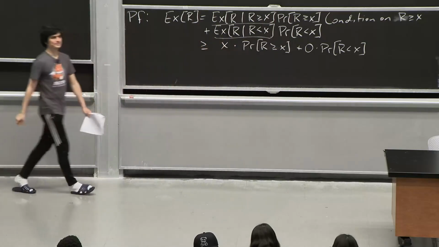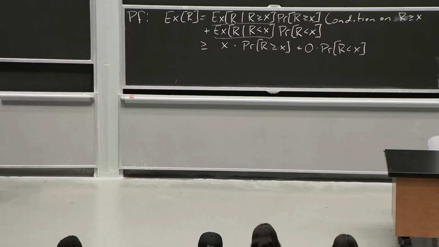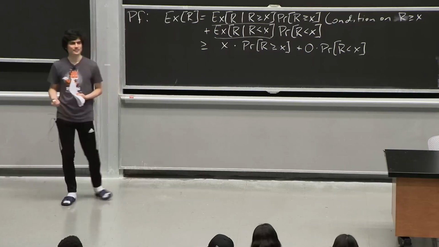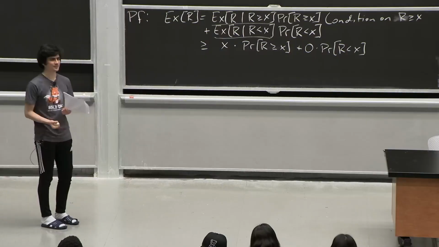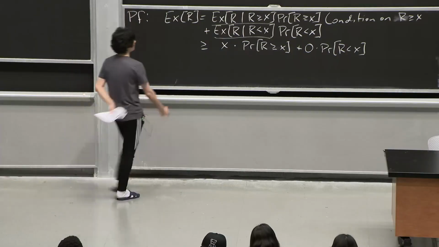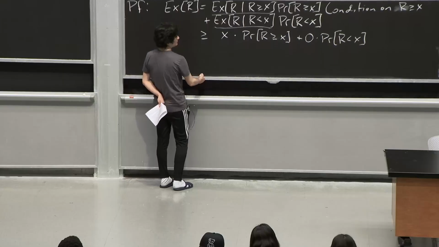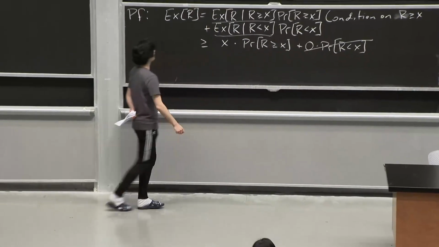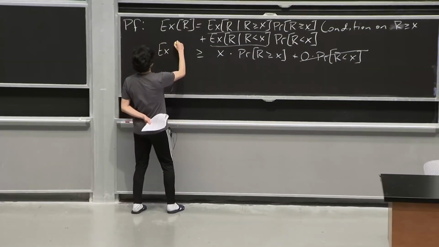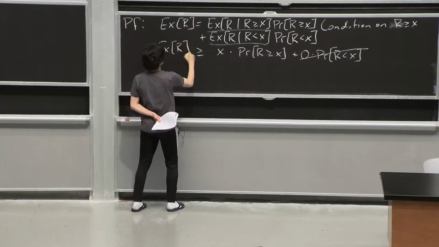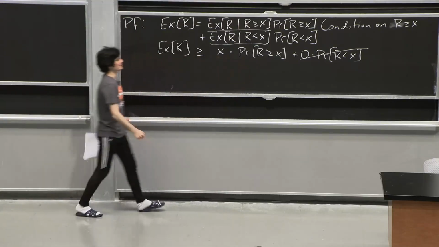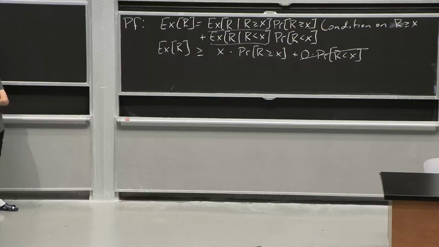Okay? We know that R is always non-negative. So, conditioning on anything, R is still always going to be non-negative, so its expectation has to be non-negative. So we can drop this. This is just going to be 0. Now we've got the expectation of R is at least x times the probability that R is at least x.